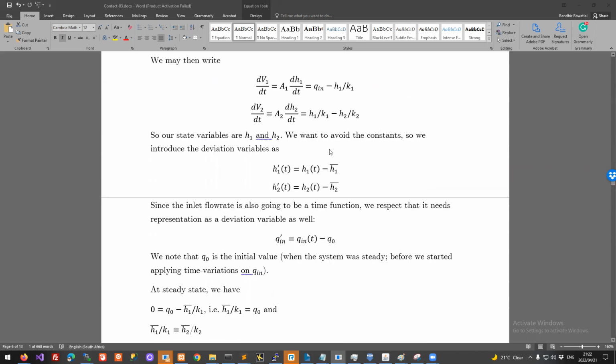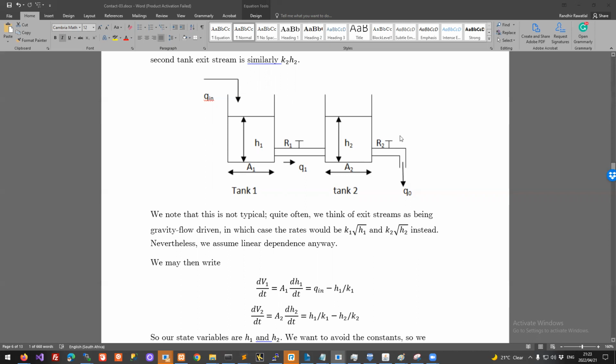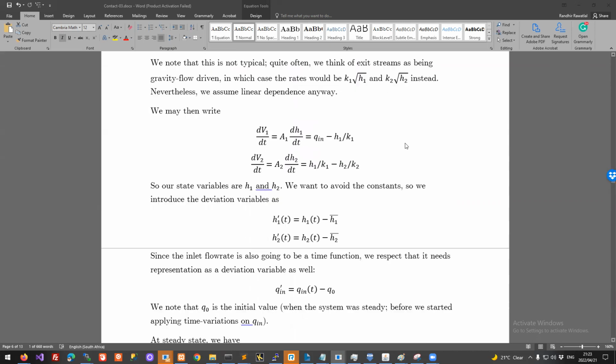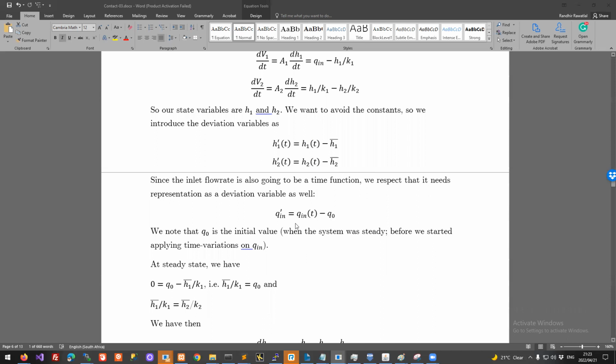And we can apply the approach that we used last time based on deviation variables. So we can say, well, hopefully the system was at some steady state to begin with, and we'll define that steady state as being the steady initial heights, h1 bar and h2 bar. And also we are defining that when we were at those steady states, we were at some initial inlet flow rate.